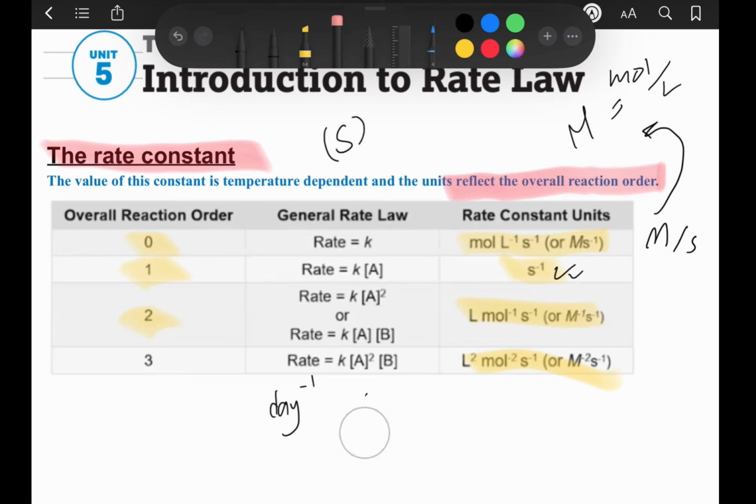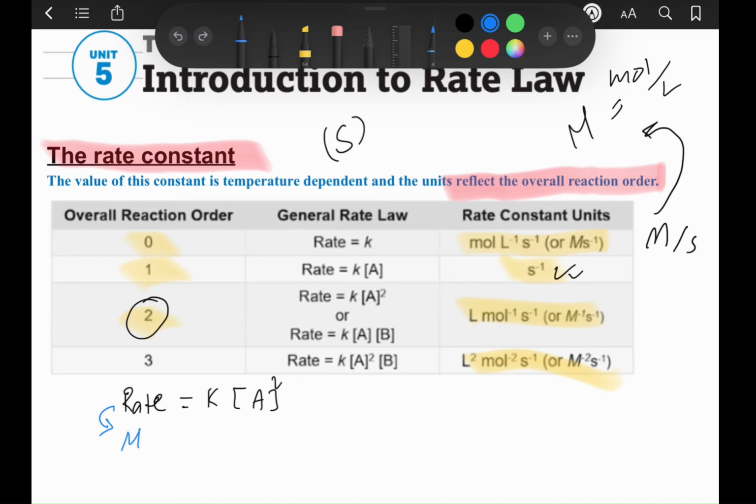If you want to determine the rate constant unit, let's take an example. Let's say it's a second order reaction. The rate equals K times A squared. The unit of the rate of reaction is molar per second, and we have the K value here.